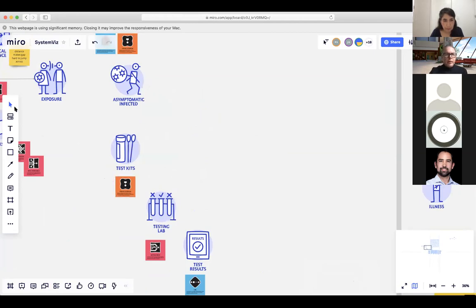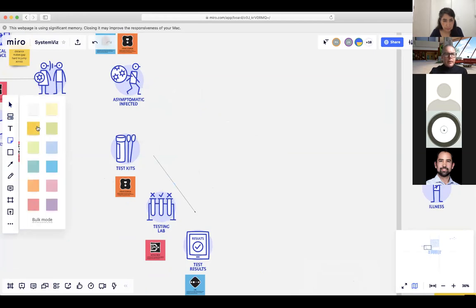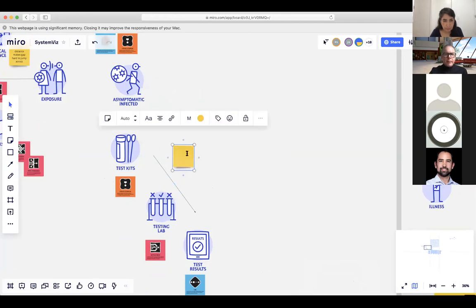So we can label this, you can assign it a label like tests. This will link on to all sorts of other things.